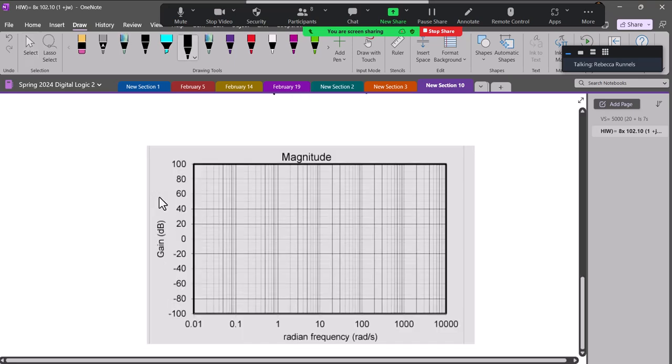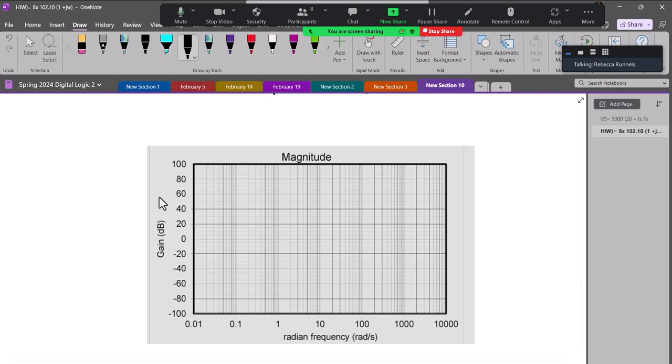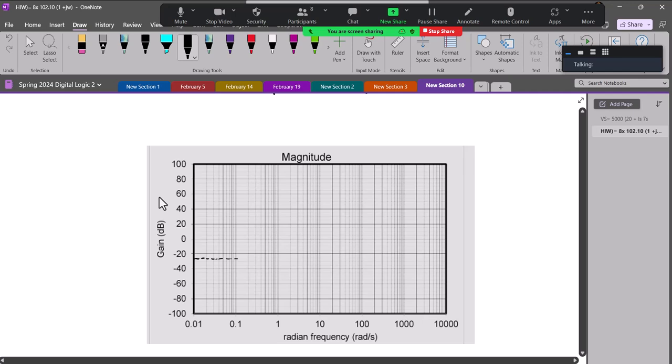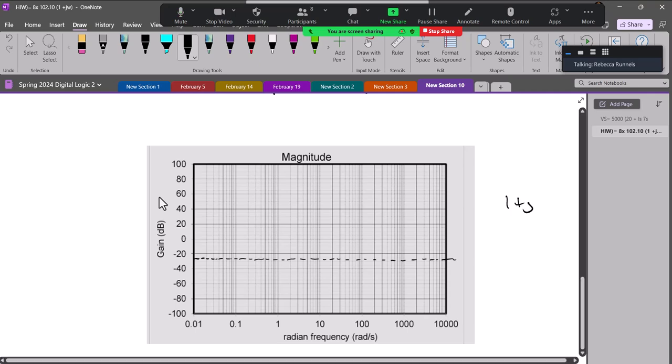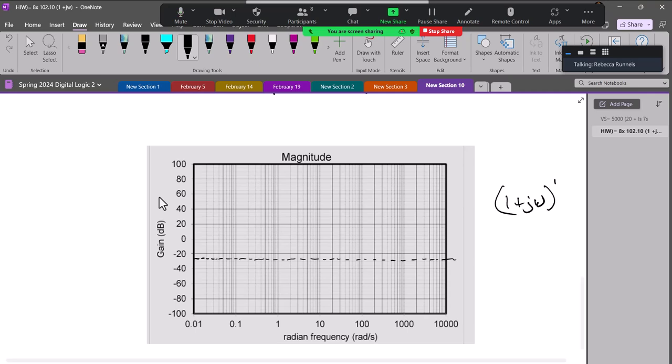Okay, so I will start with my negative 26, which was from my constant term. Okay, then from my simple zero, which was 1 plus j omega to the first power, that's going to give me a slope of 20, starting at the corner frequency.